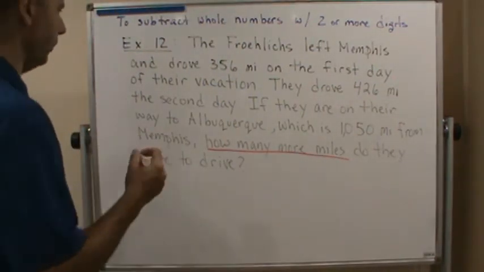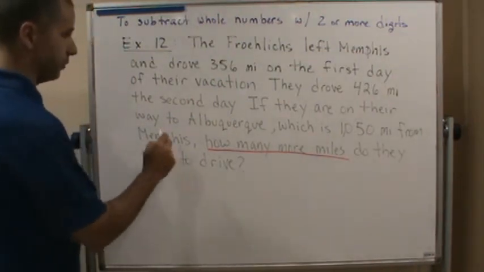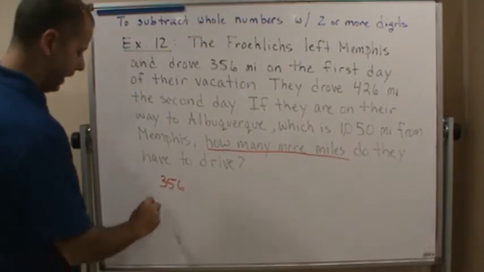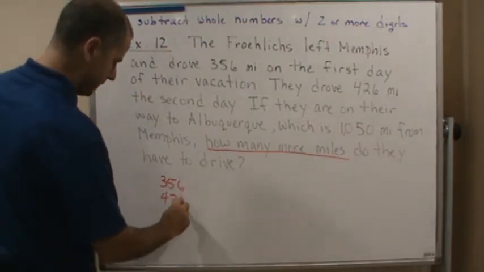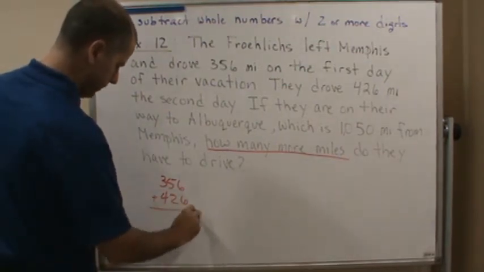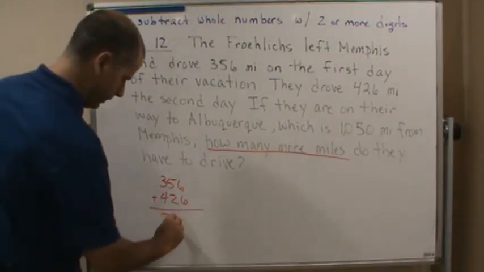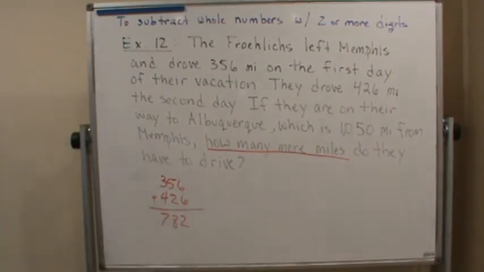So what are we going to do? Well, we're going to take 356 and then add 426, and that's going to give us 782.